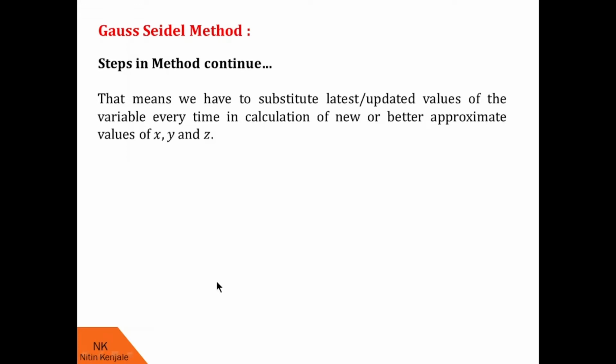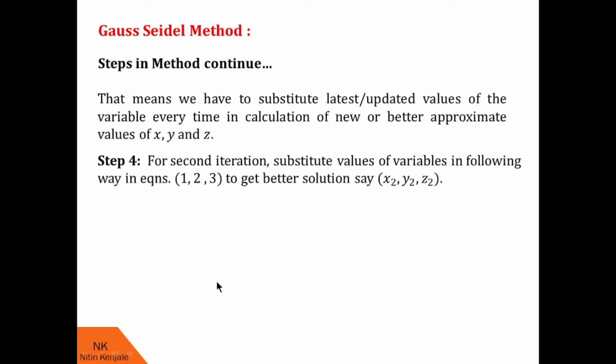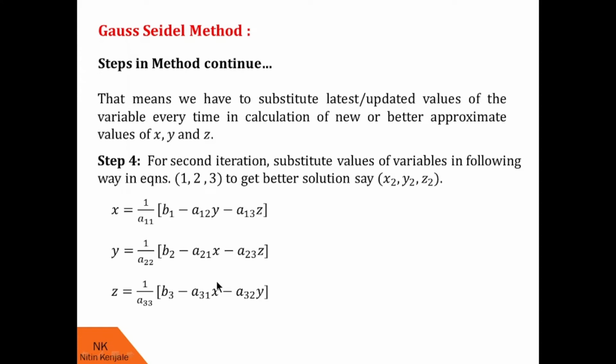Now in step 4, to find the second iteration, we substitute the updated values of x, y and z, that is x1, y1, z1, into equation numbers 1, 2 and 3 to get better approximate values of x, y and z, say x2, y2 and z2. So these are those equation numbers 1, 2 and 3.